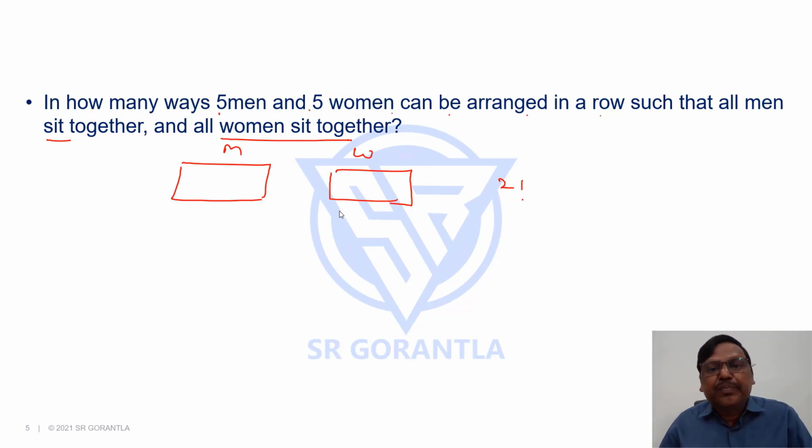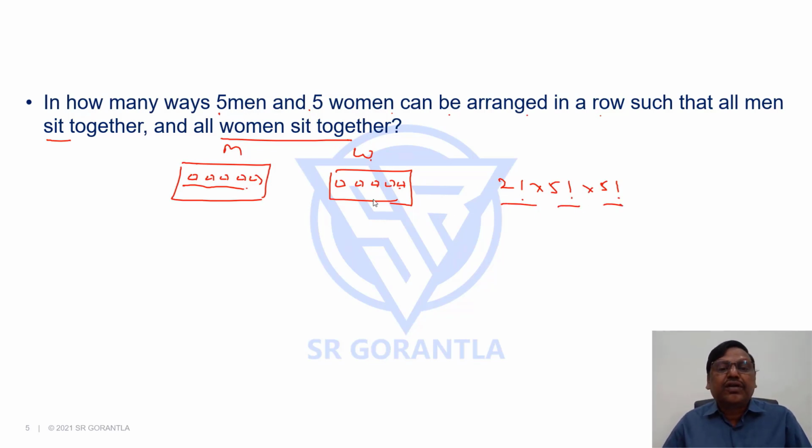However, as we discussed in the previous questions, within the group of men, these 5 men can be arranged in 5 factorial ways, and these 5 women can be arranged in 5 factorial ways. So the total is 2 factorial into 5 factorial into 5 factorial.